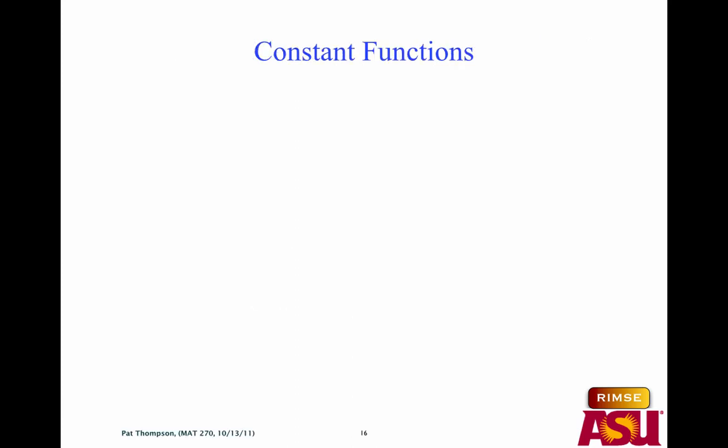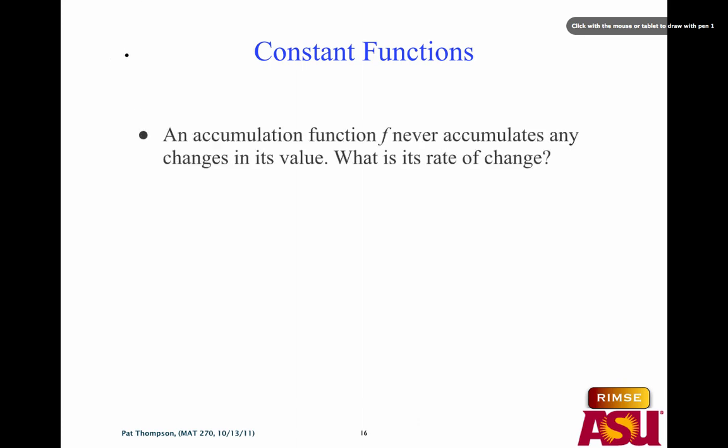Let's look at another type of function. So this time, if we think about a constant function, once again, take a second, think to yourself, what does a constant function look like? Have you thought of it? Okay, good. So if we're thinking of this type of constant function as being an accumulation function, that means that it never accumulates anything, right? Because it's always the same value.